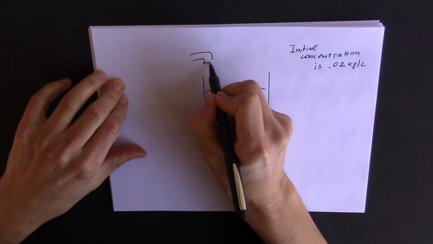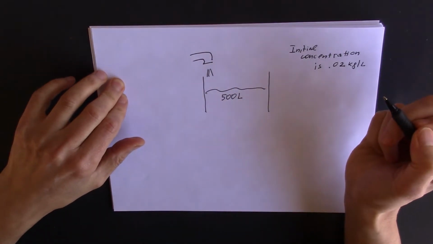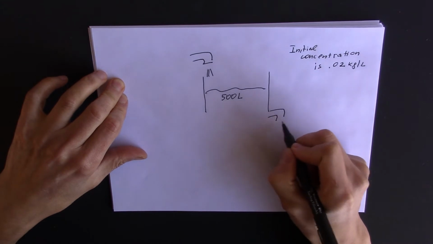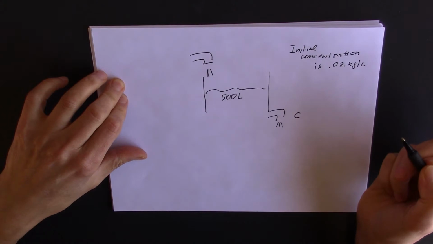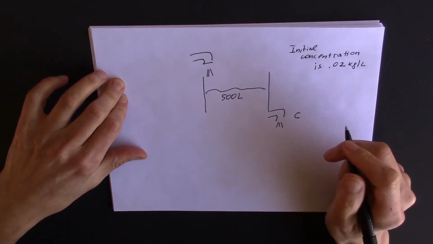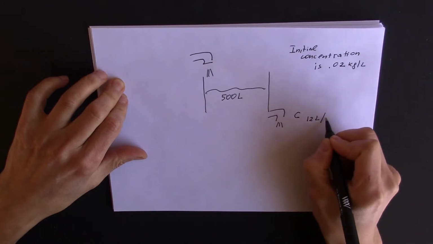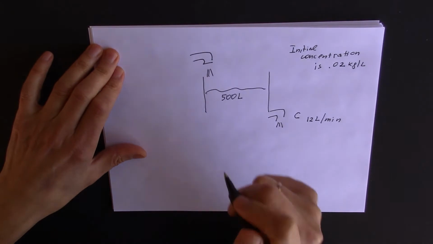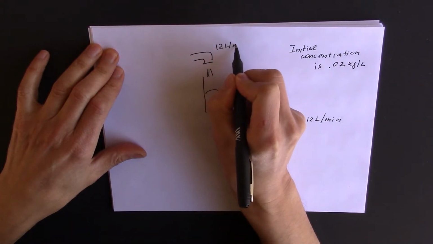Now we have fluid which is pouring into the tank and fluid pouring out of the tank. It's pouring out of the tank at the rate of 12 liters per minute, and it's pouring into the tank at the rate of 12 liters per minute.